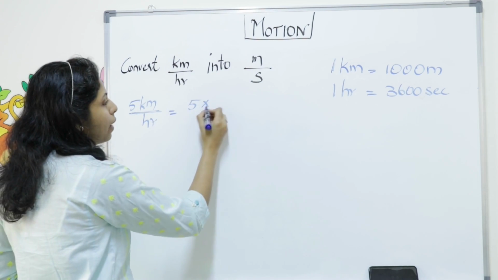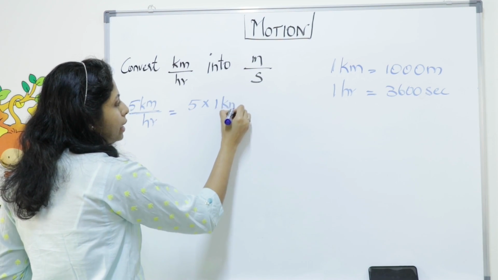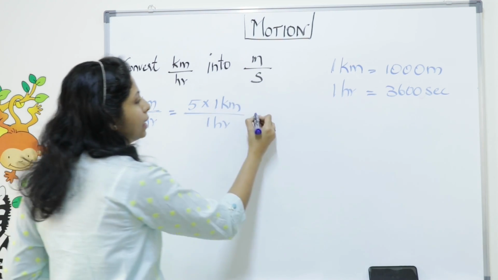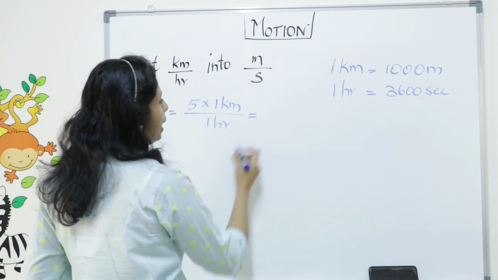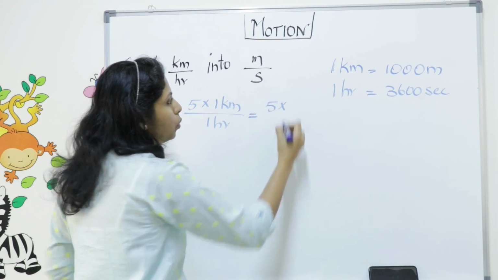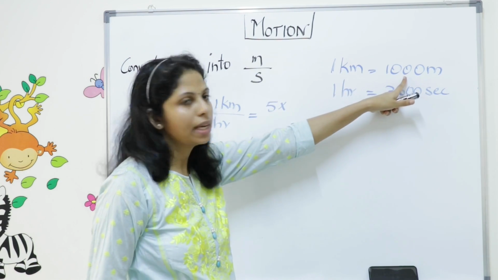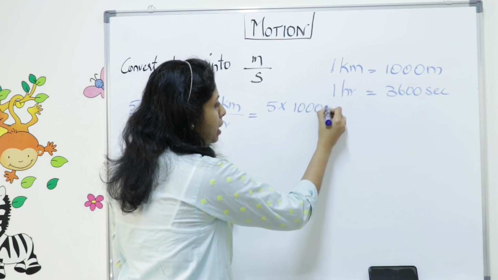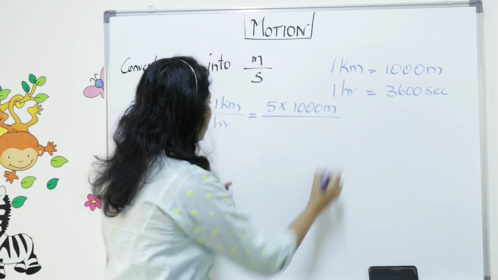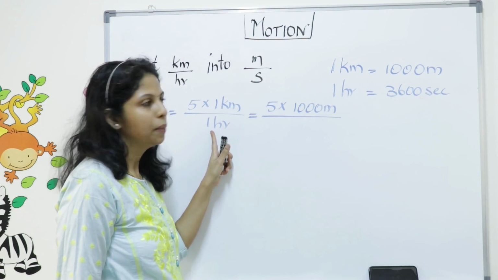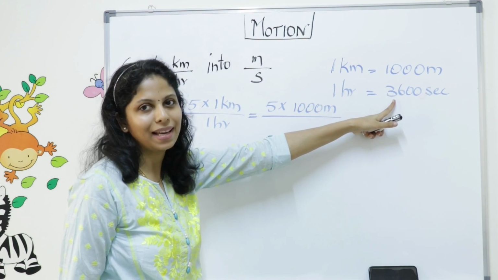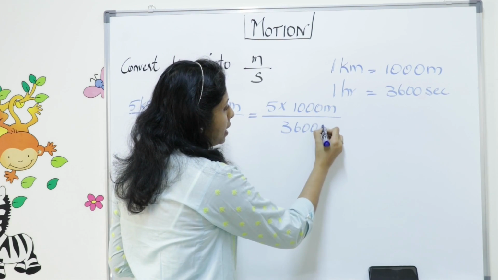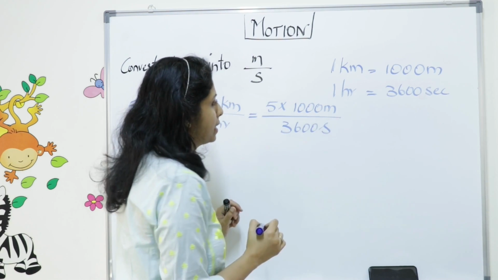This can be written as 5 into 1 kilometer per 1 hour. That is nothing but 5 into, what is 1 kilometer? It is 1000 meters by, how much is 1 hour? It is 3600 seconds.